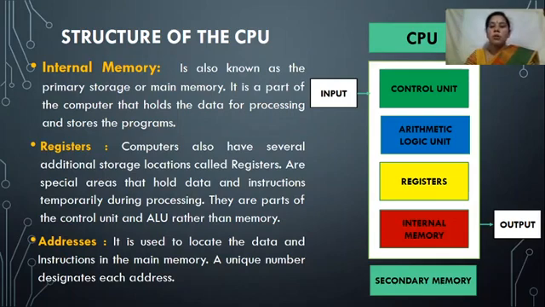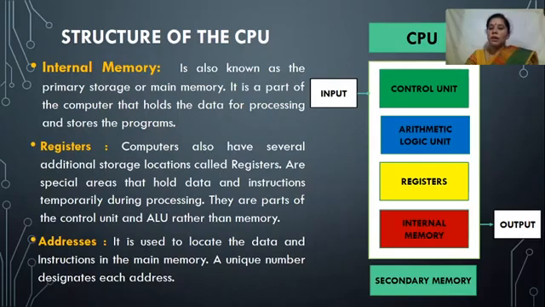The computer also has several additional locations called registers, which are special areas where your data gets stored and the instructions are saved. They are parts of the control unit and the ALU rather than your memory. Then you have addresses.